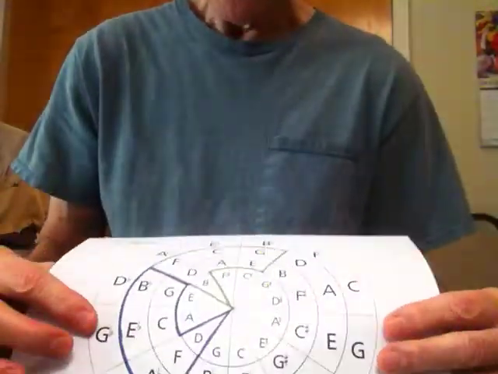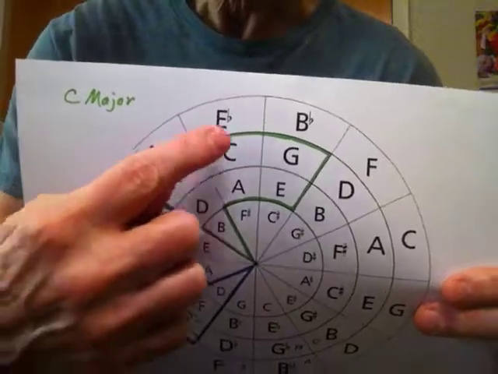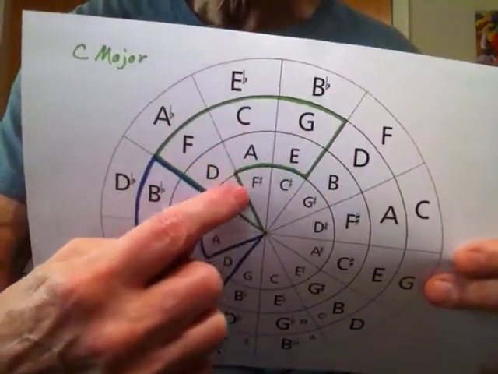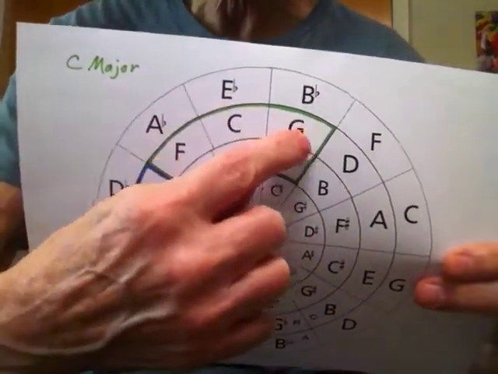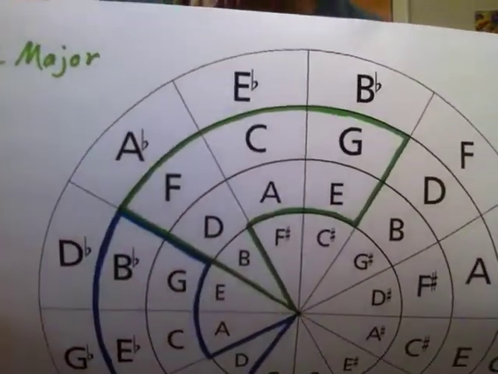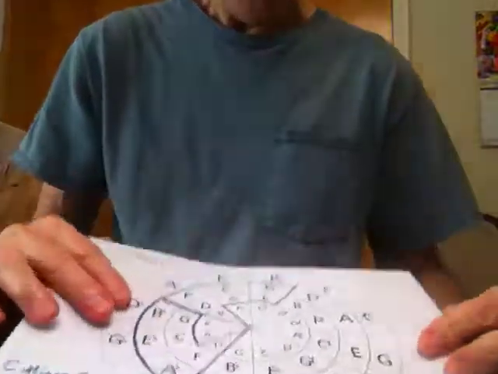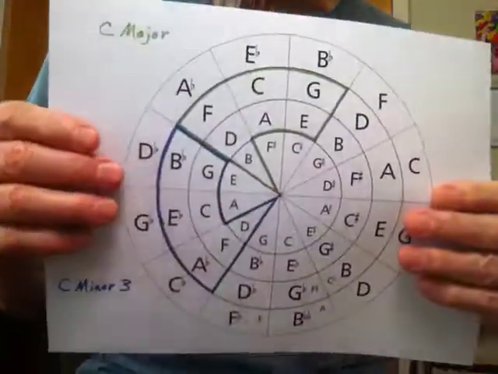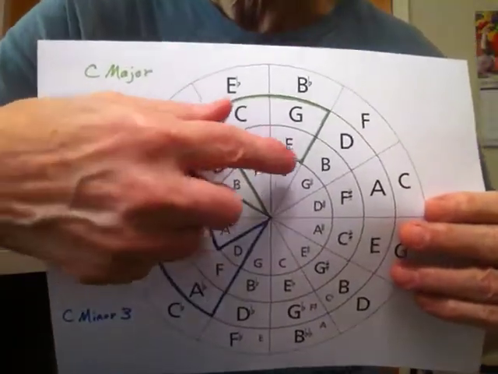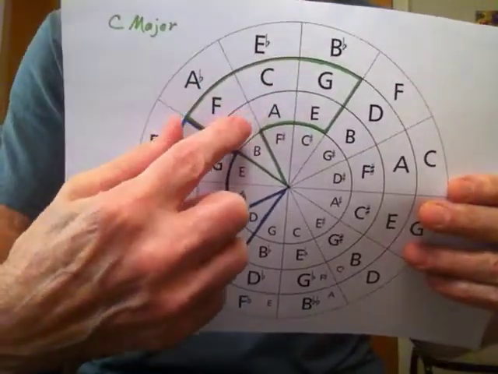All right? Now, we mapped out that C major scale just like we did before. You've seen this many times. That's a C major scale within that green border. I think it's green. And all we did, now watch this, was we took that scale shape and we slid it down.